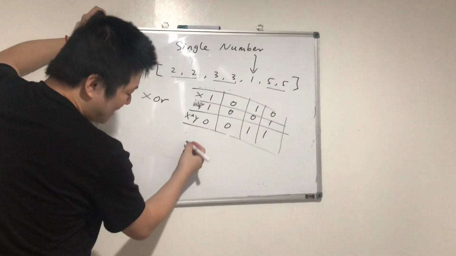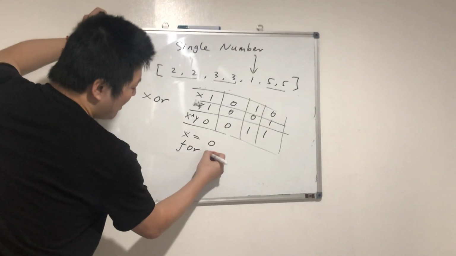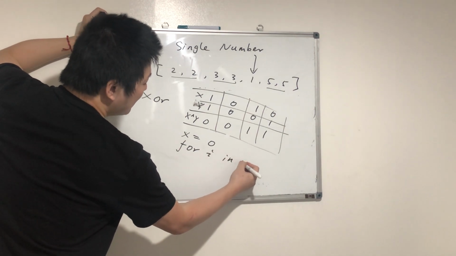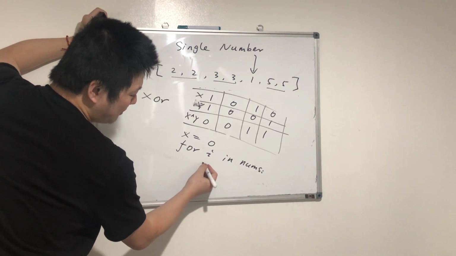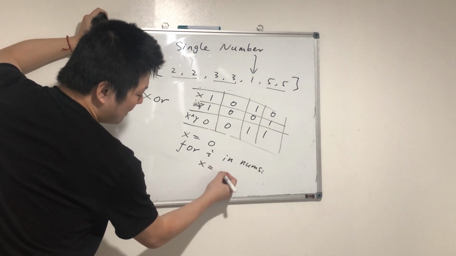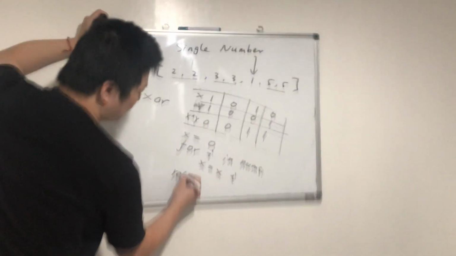So can you write it? Look, x equals 0, and then for i in the numbers. Then what should I do here? x equals x XOR i, and return x. Can you write this?